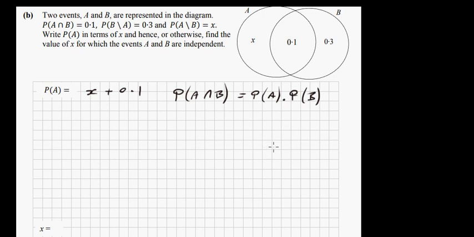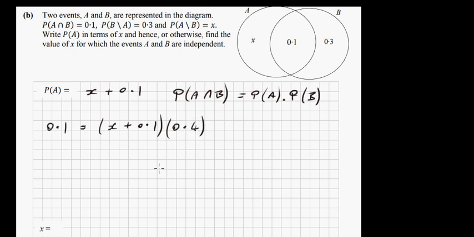A and B are independent. Well, we know A intersection B is 0.1. So we have the left hand side. The right hand side, the probability of A here, we've worked that out. That's just X plus 0.1. The probability of B here is 0.4. It's just these two here added, 0.3 and 0.1, which is 0.4.